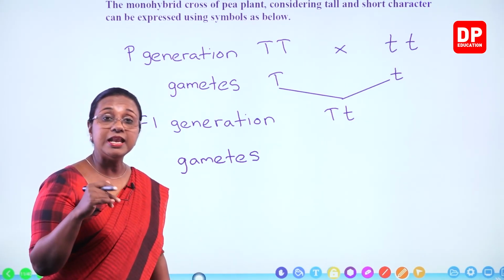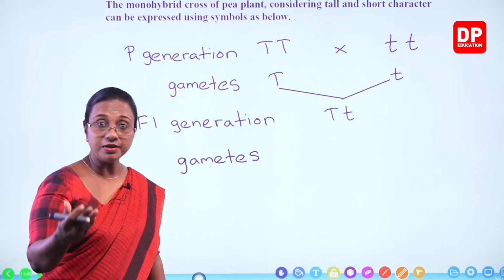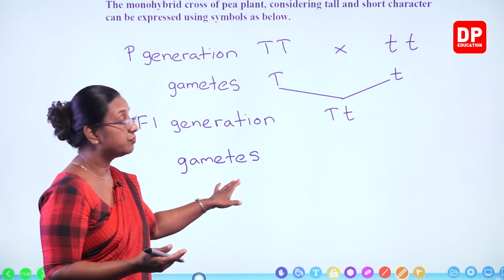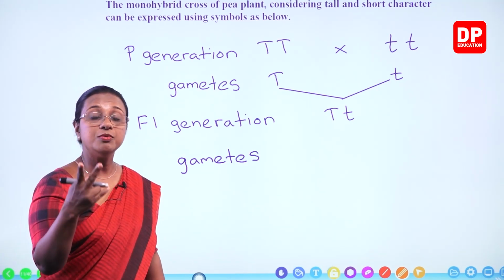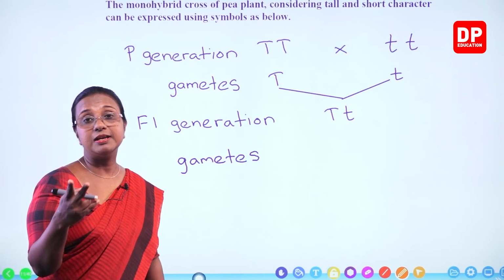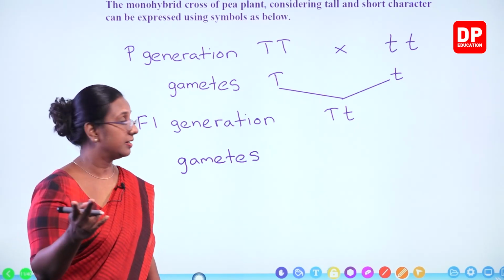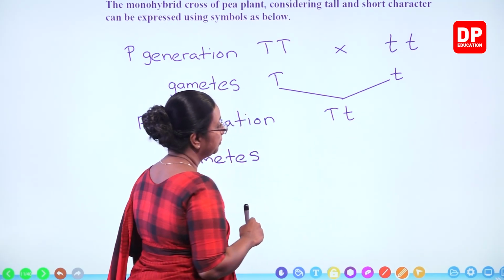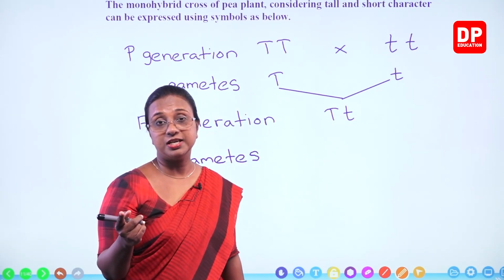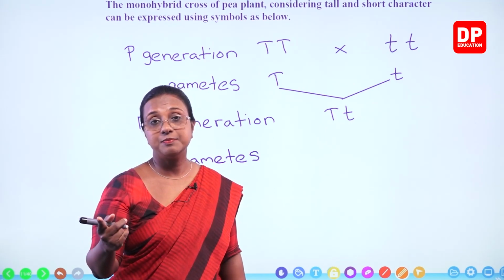But between F1 generation also, for reproduction to occur, for gametes to form, and the F2 generation to form, you need to have two parental plants, two parents. So there, what are the two parents? Both are heterozygous, capital T, simple t.